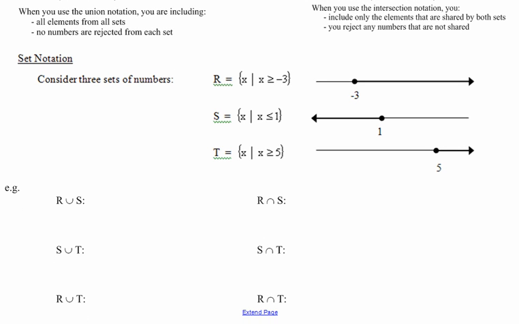The union of R and S, if we do a number line, we're going to put on R has negative 3, and it's greater than and including negative 3. That's R. And S starts at 1, and it's less than or equal to 1.